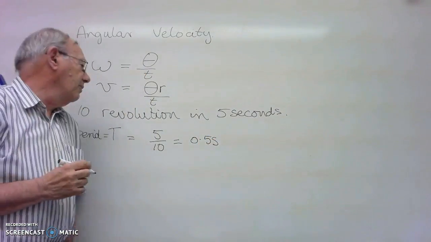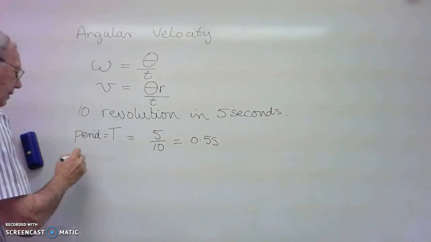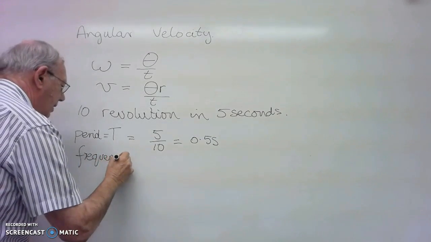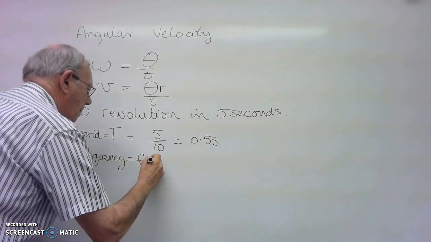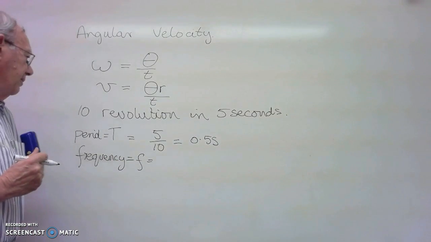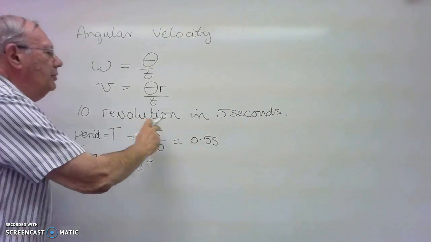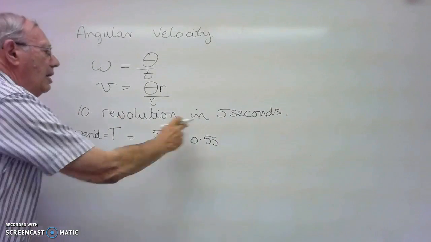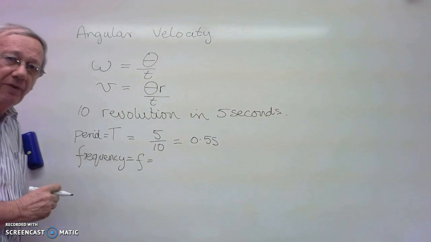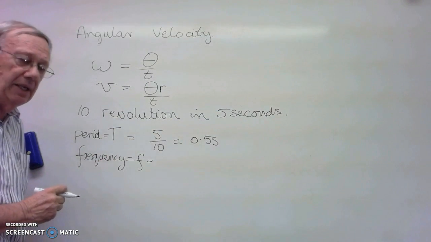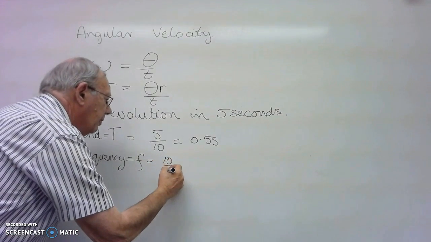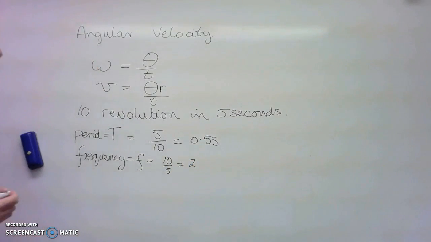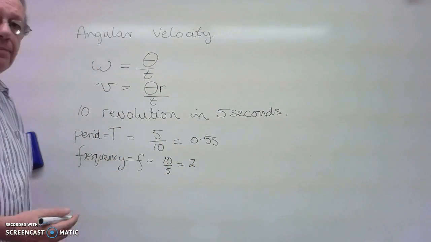Now, another question. What would be the frequency if we've got 10 revolutions in 1 second? In other words, how many revolutions per second? The number of revolutions for each second would be 10 divided by 5, which would be 2. Units.